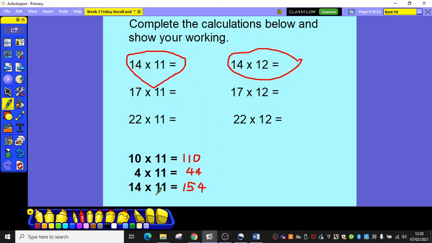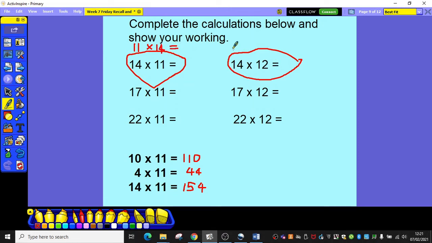Now, if I know 14 times 11, let's not forget that I said before we can use that to work out 14 times 12. Essentially, 14 times 11 is the same as 11 times 14. We know that. It's commutative. It doesn't matter which order we do them in.